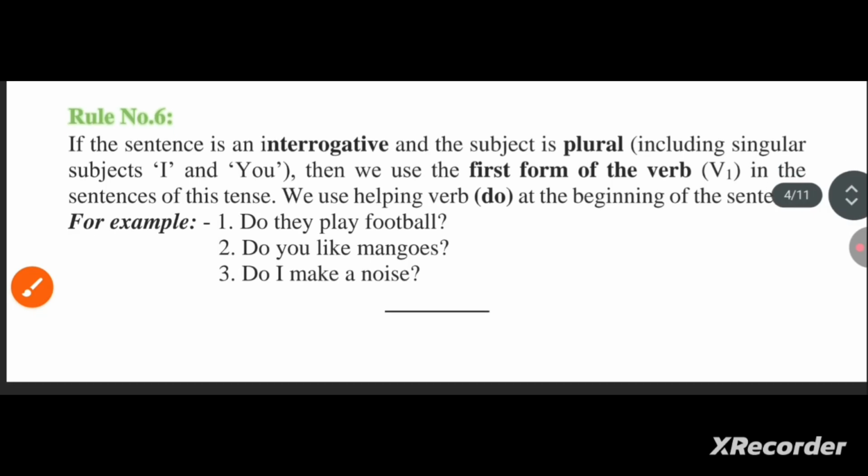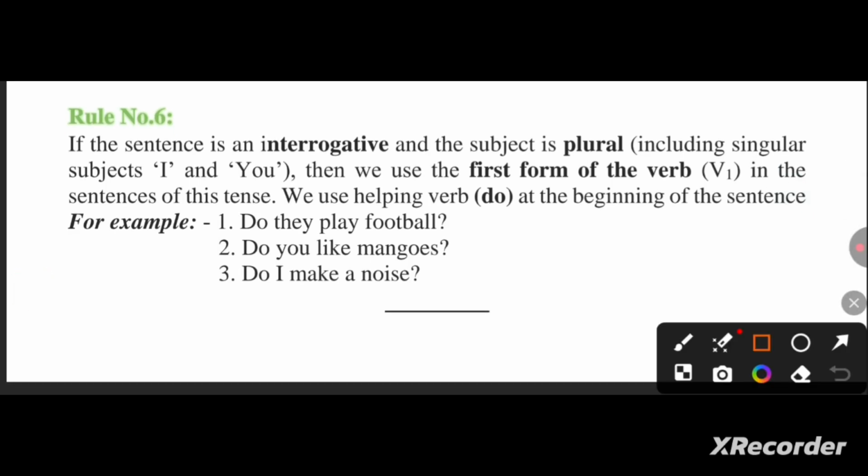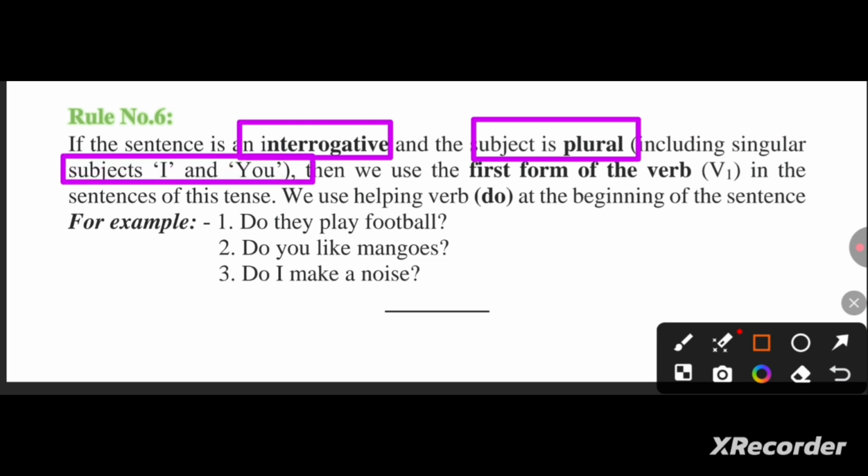Now, we should notice that if the sentence is interrogative and the subject is plural, including the singular subjects I and you, then again we use the first form of the verb and we use do at the beginning of a sentence.